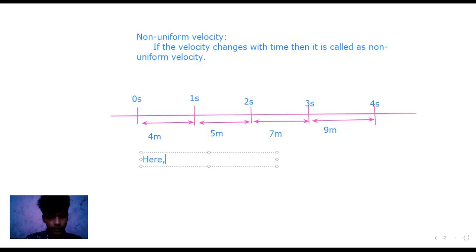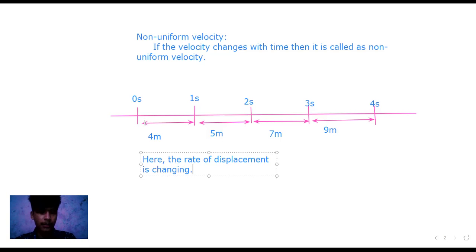Look at it: at first it is 4 meters, then 5 meters, then 7 meters, then 9 meters. It is changing with time. So that's why we call this non-uniform velocity.